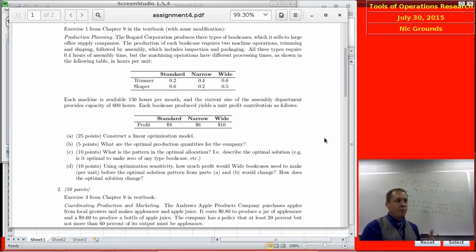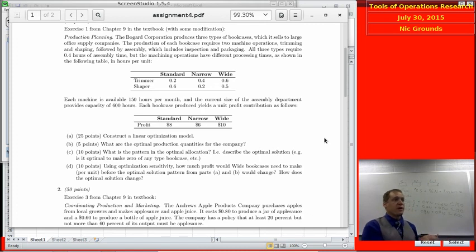It would optimize for every step in between those two bounds and show you what the optimal decision variables were and the optimal profit. Now, obviously, the profit might change for every step, right? Presumably, if you're making any wide bookcases, as the profit of wide bookcases goes up, total profit would go up. That doesn't necessarily indicate it made a different decision.